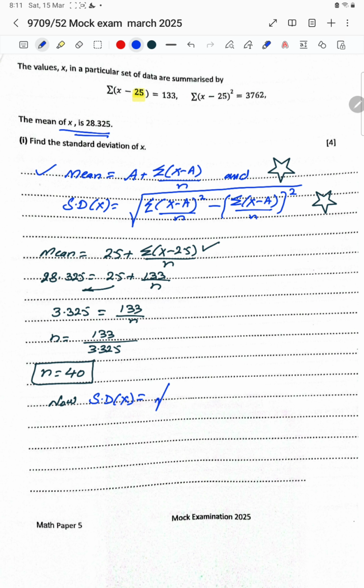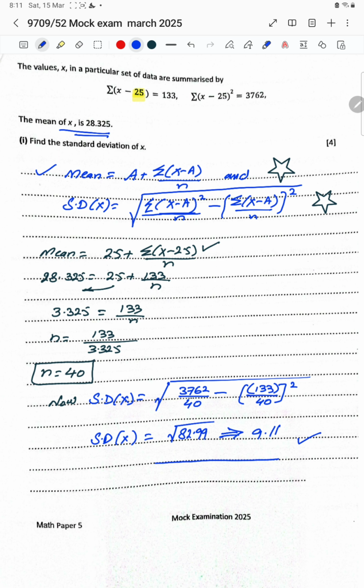Sum of square deviation, sigma x minus a whole square, is 3762, and n we have calculated is 40, minus 133 by 40 whole square, and then square root. Now just calculate on the calculator and get the answer. I get 82.99 square root, and that is simply 9.11. I hope it is clear. Let's go to the next question.